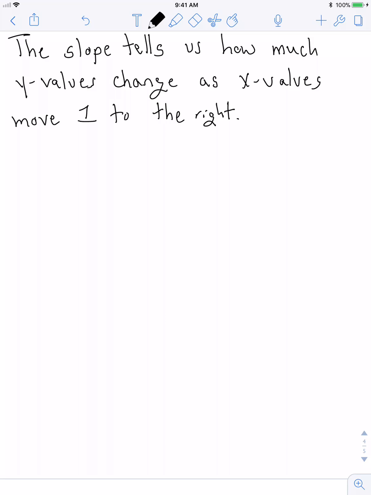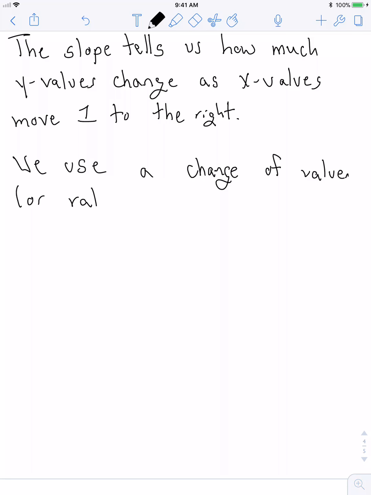And how we do this is we use a change of value, or a rate of change, formula. And really all this means is that we'll be dividing.